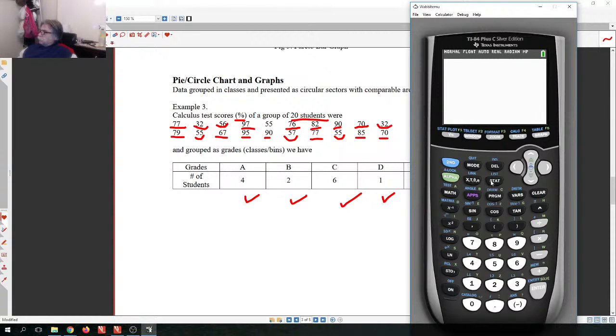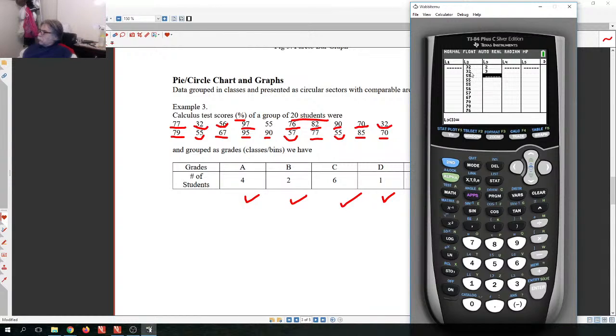So again, if you have some data that repeats often, like you see that 32 happens twice, I want to write it this way, okay? And then 55 3 times.